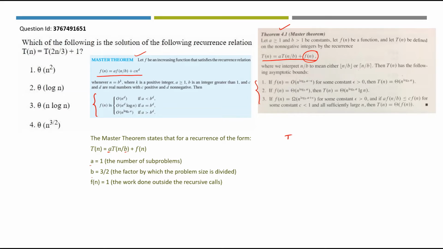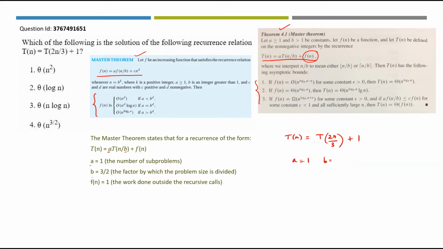Let's take the given recurrence relation T(2n/3) + 1. Do we have any a term here? a can be equated to 1 because 1 into something is going to give that something only. What about the b value?